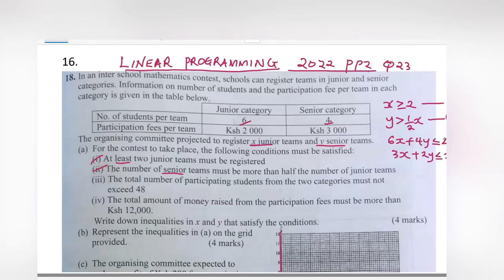And the fourth one: the total amount of money raised from the participation fees must be more than 12,000.